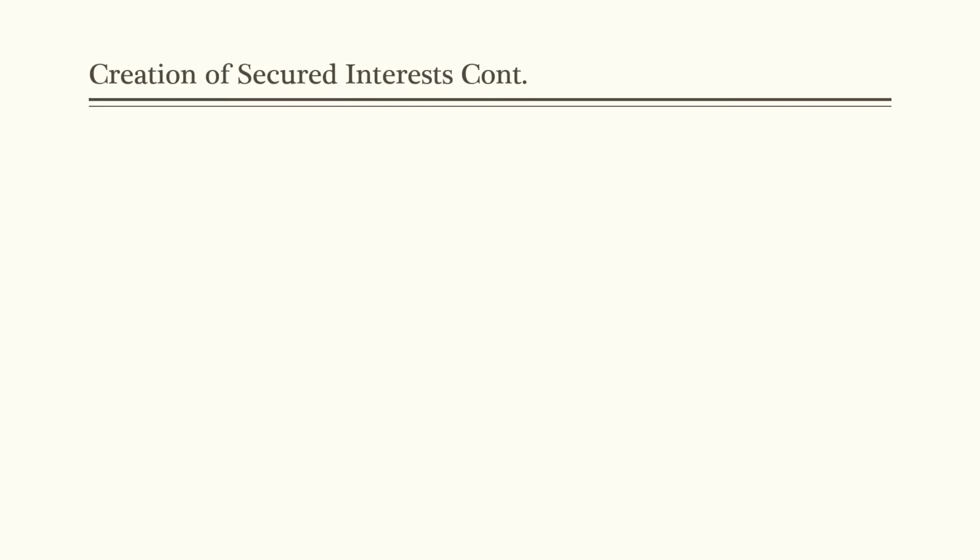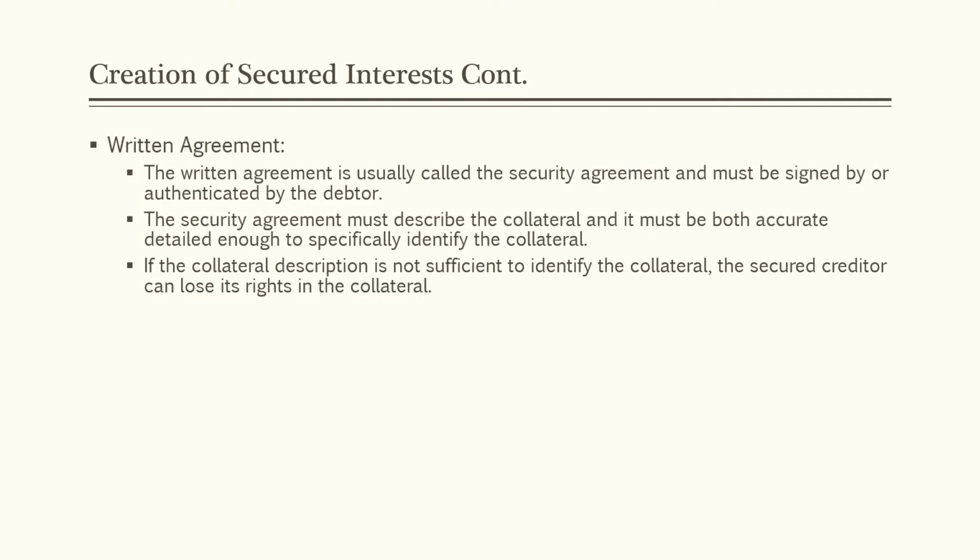Now, holding the collateral is pretty straightforward, but there are some specific requirements for a written agreement. The written agreement is usually called the security agreement and must be signed by or authenticated by the debtor. The UCC uses the word authenticated for the debtor's signature to account for electronic filing. In reality, in this section, there is no actual requirement that the debtor's signature be a wet ink signature.